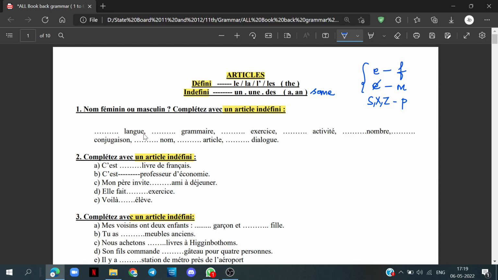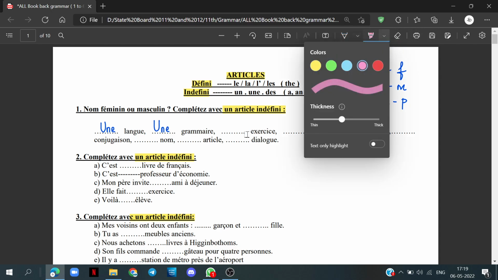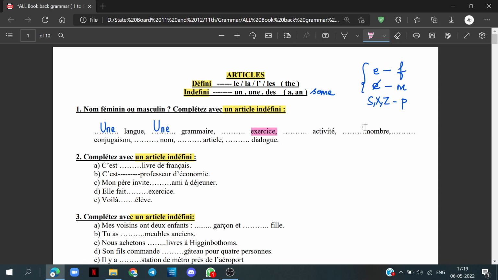The first word, longue, ends with the e, so it is feminine, article indefinite. Then grammaire, une, feminine. Now the words like exercice, nombre, conjugaison, article, dialogue.